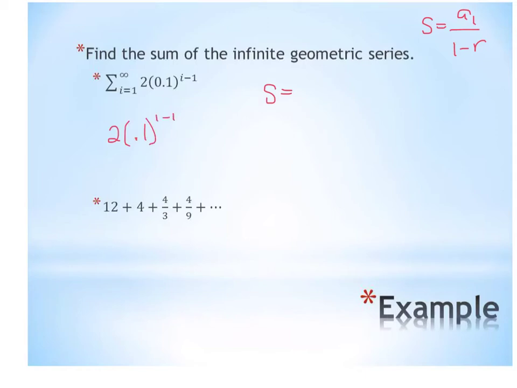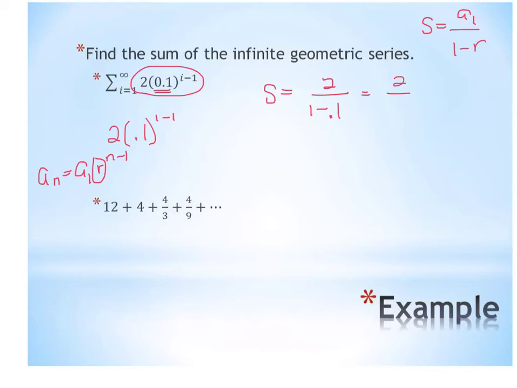So 0.1 to the 0 power is 1. Anything to the 0 power is 1, times 2 is 2. So my first term is 2. 1 minus, so what's my r? Well, if we look really closely, remember that a sub n equals a sub 1 r to the n minus 1. So my r is this value right here, 0.1.